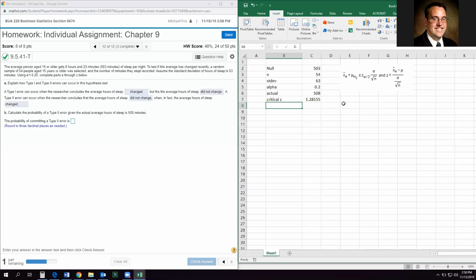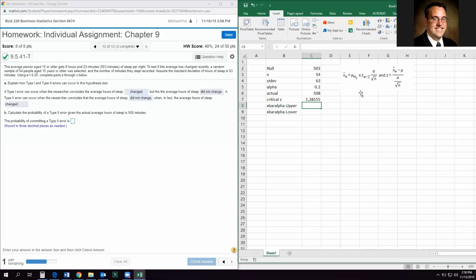In the previous two problems, because it was a right-tailed test, we did the null plus these numbers. Here, because it's two-tailed, we've got to do both. We've got to do an upper and a lower. So I'm going to call this x bar alpha upper and x bar alpha lower.